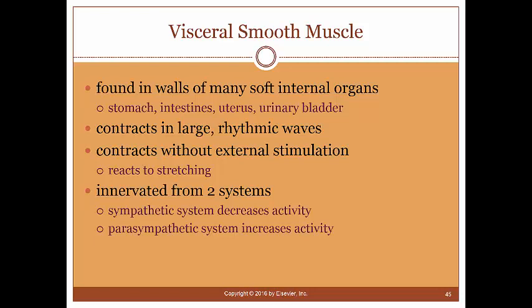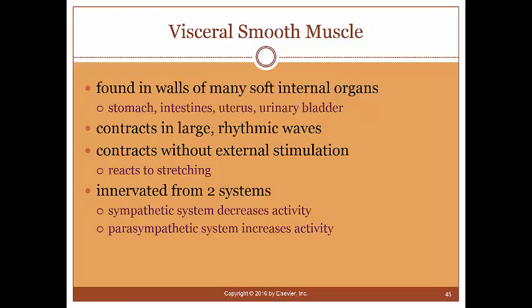Instead, we have pacemaker cells that, when they're stretched out slightly by distension, all at once start the contraction, and then that starts all the other muscles. They work in a wave. They communicate much like cardiac muscle, but we don't have intercalated discs. Once one starts to stretch, it contracts, and that contraction causes all the others to start to contract, and that's where we get the peristaltic wave going through.